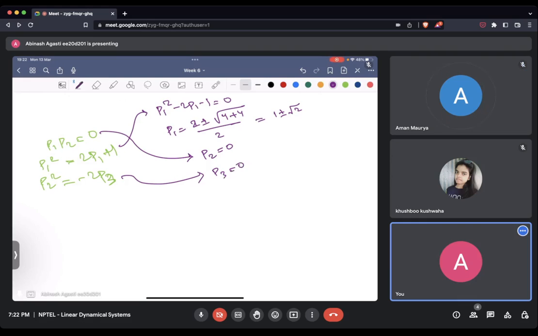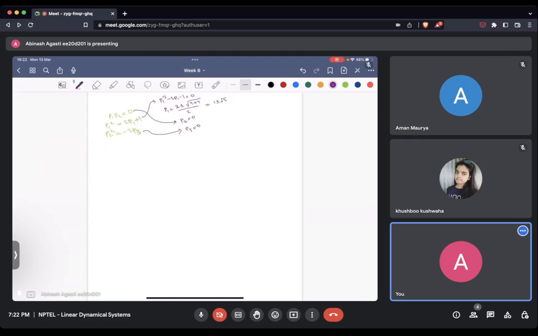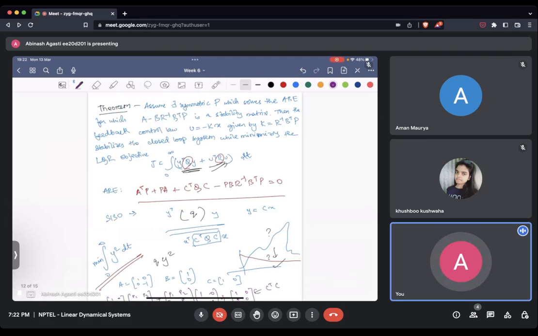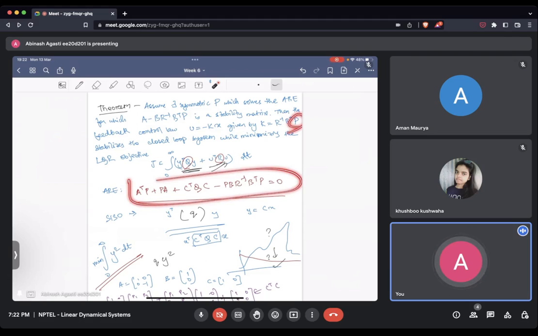Yes, sir. So now, next thing to remember is that the control law given by this, first we have to find the P that satisfies it, then verify that A minus this matrix is a stability matrix.